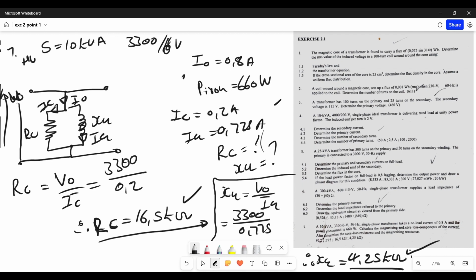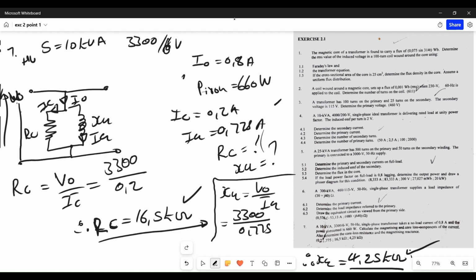So we answered questions 1 to 7. That's how you deal with the question. For the last time I repeat, in question number 7, whenever you meet such a question, for you to solve short circuit test and open circuit test, unless you are told on which side the test was done, you must always perform the calculations that I showed you.